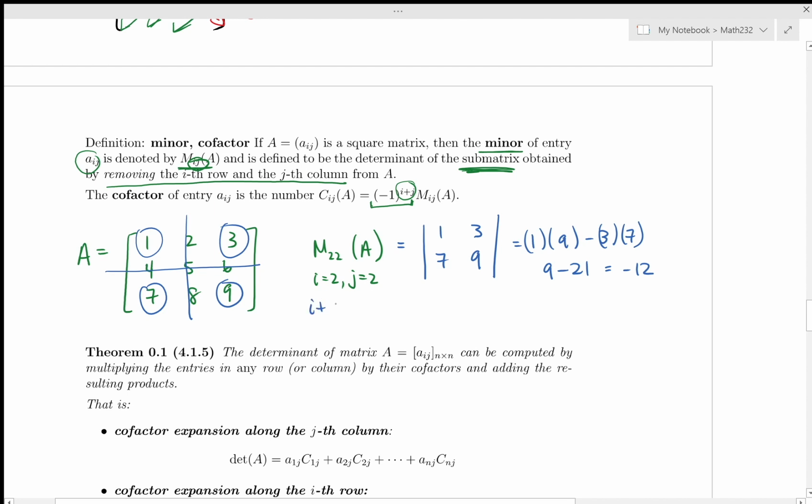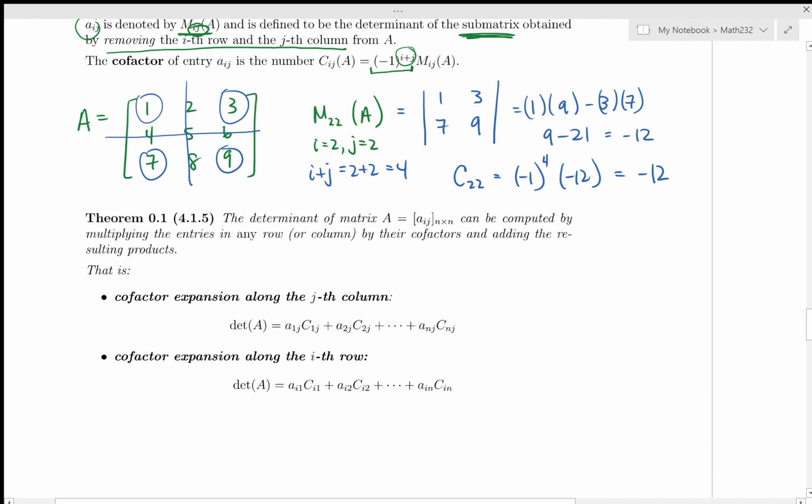So i plus j in this case is 2 plus 2, and that is 4. So then C22 is -1 to the 4 times -12, and that is going to be -12. So C22 and M22 will be the same number, but possibly a different sign, possibly not. That is an example of computing a minor and a cofactor.